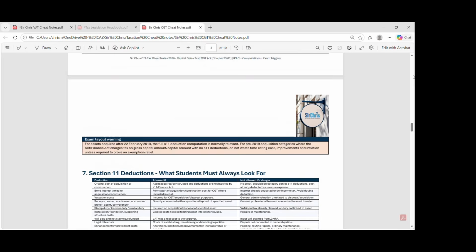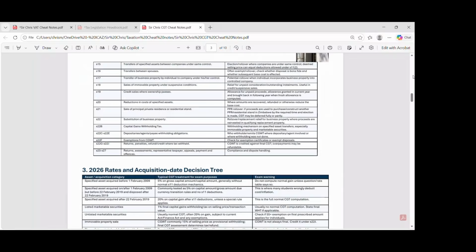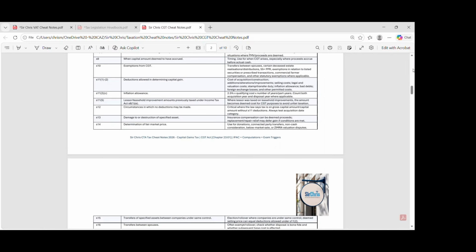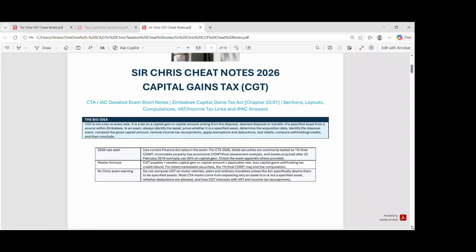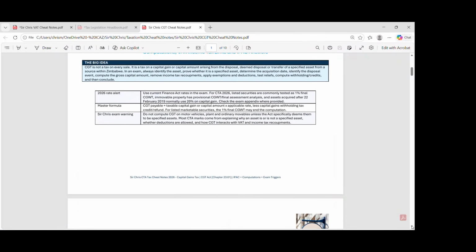So mostly the examiner can test that, and most students don't normally pick that. You know the tax implications. The moment they say tax implications, your answer should not be limited to income tax. So it's your income tax, it's your VAT, it's your CGT.